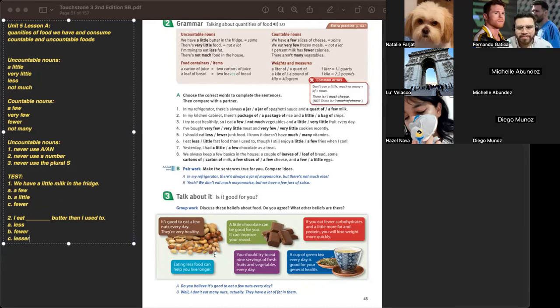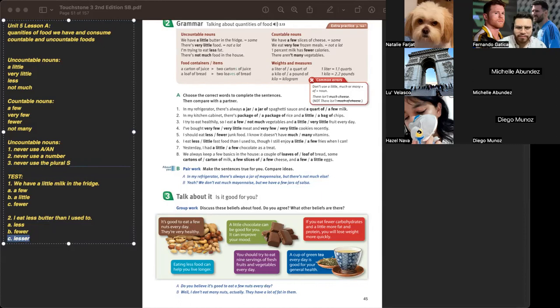A, B, or C, class? Oh my gosh, everybody has different answers. The correct answer is A. Fewer is not correct because butter is uncountable. How do I know it's uncountable? Because it doesn't have an S. And the word lesser, it does not exist. Lesser does not exist.